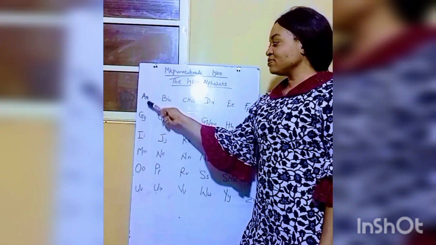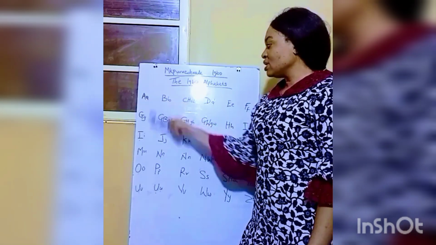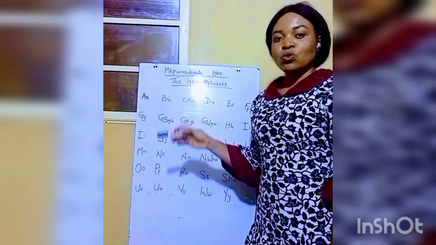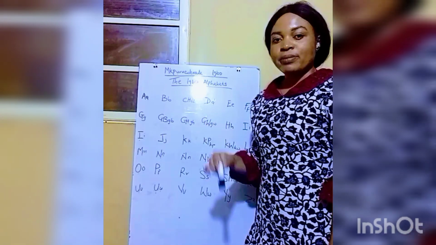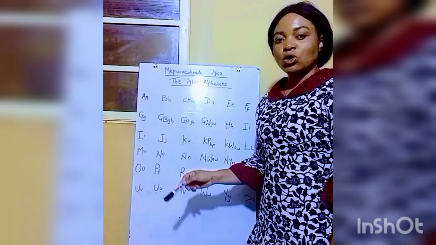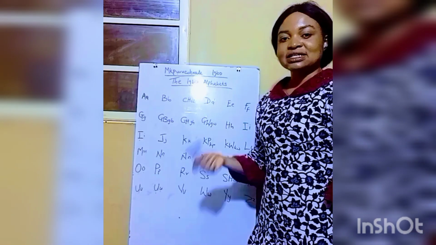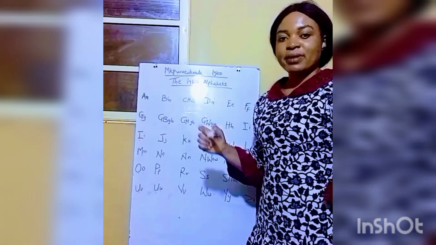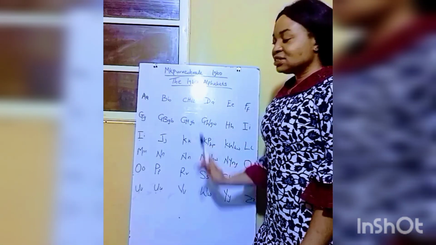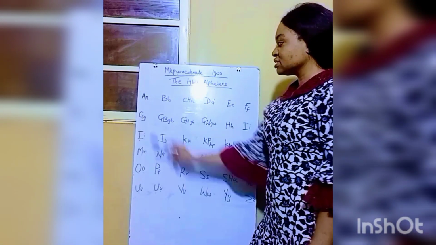The capital letters in Igbo, we call it nnukwu abidi, and the small letters obere abidi. Nnukwu abidi is the big letter, while obere abidi is the small letter. Now, let's listen to the pronunciations.